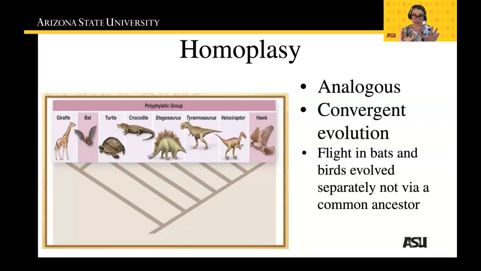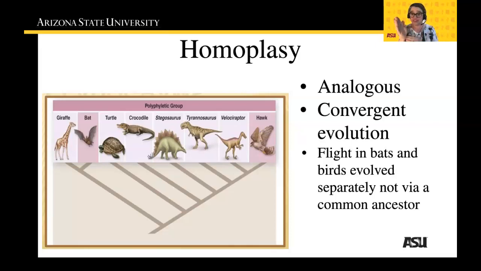What this shows us is that the derived characters that arrive after the splitting off of two main taxa will lead to analogous traits being arrived at. So this is convergent evolution. The hawk arrived with birds having flight. Bats have evolved flight, but they did not share a common ancestor that had flight.